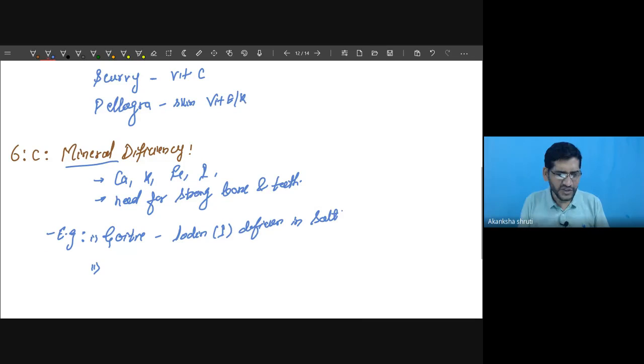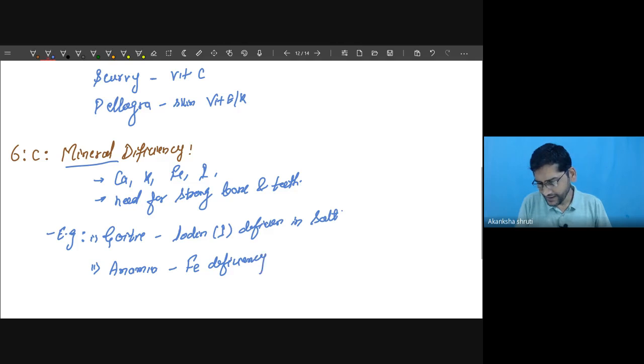Another, most commonly you know, is anemia. Why? This occurs most commonly in pregnant women, because there is a lack of iron in their body. Because for the development of the children, this iron is required, so that is taken from their mother. So this is iron deficiency, Fe deficiency.